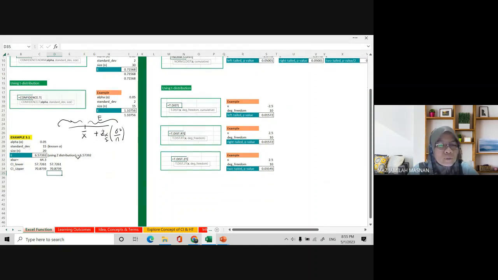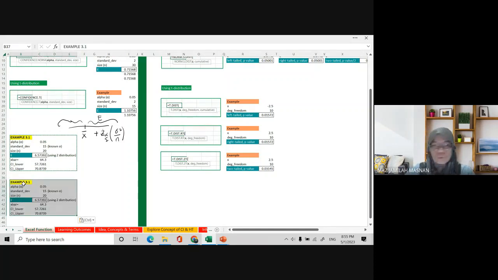Exercise 3.2. So let's say I erase everything. Now I just copy and then paste. Do it for exercise 3.2.